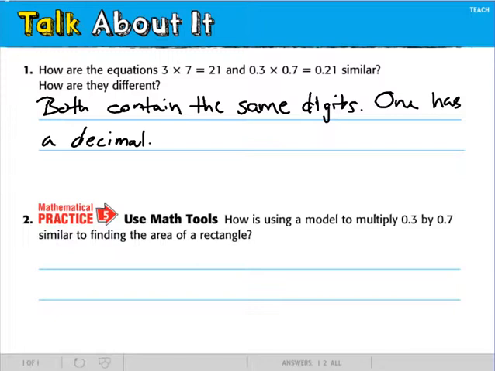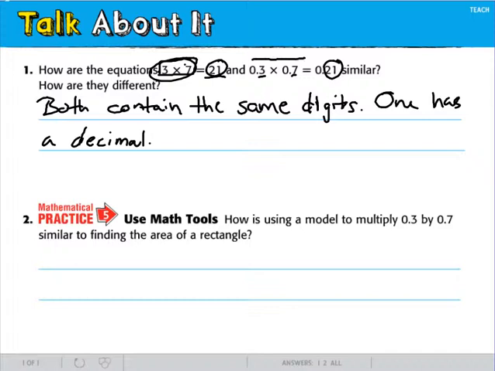I would have said that 7 times 3 in the first one equals 21, and 7 times 3 times 7 in the second one equals 21. And I would have said that in the first one, how many decimal places are in the problem? 0. How many decimal places are in the answer? 0.